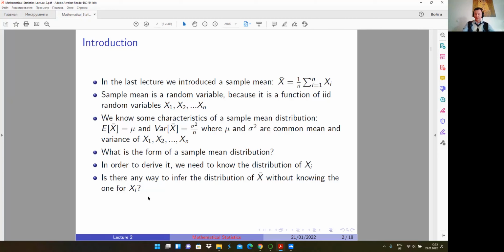That's why I'm saying that today's lecture is more or less technical, because we need to prove that under certain conditions there is a distribution of a sample mean that we can use as an approximation even though we don't have the exact distribution of the individual random variable.